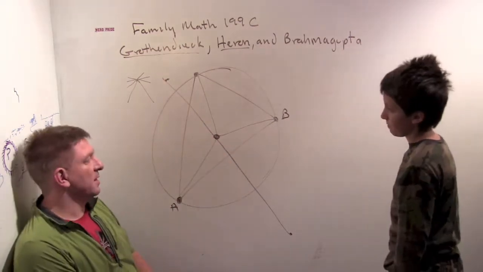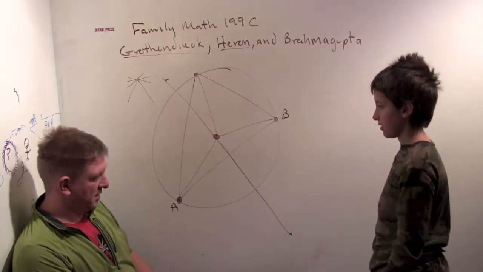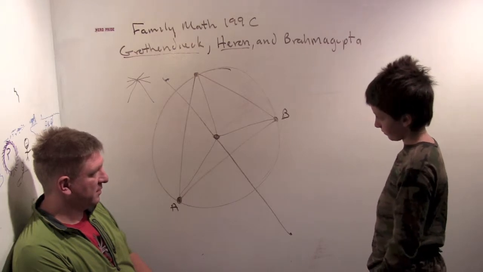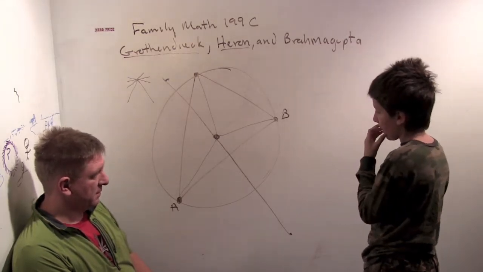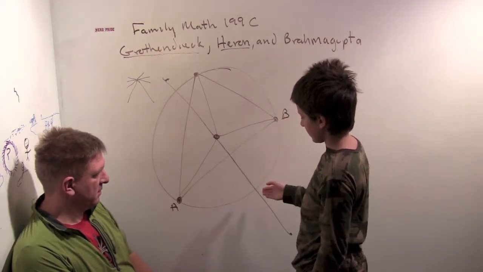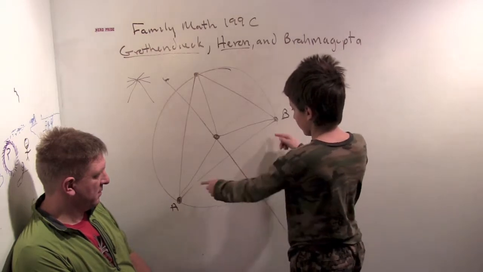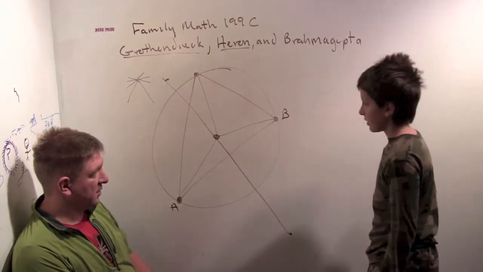what do you notice about that line? It looks like it passes through the center of the circle. Yeah? What else do you notice about that line in relation to A and B? Well, it looks like these points are all the same distance. When you draw 2 lines, one coming out to A, one coming out to B, it looks like they're all the same.